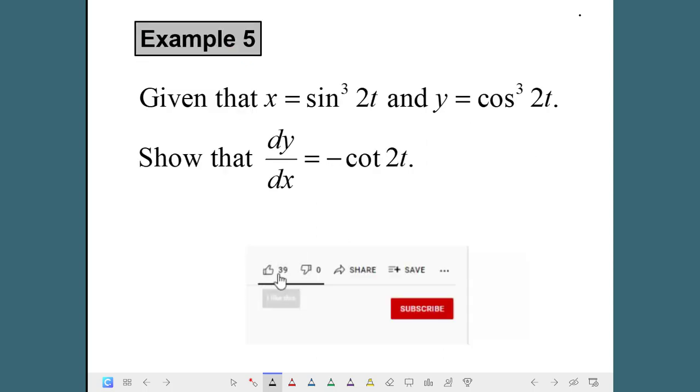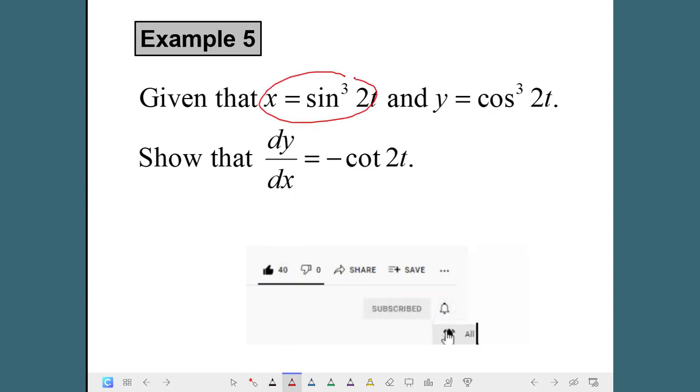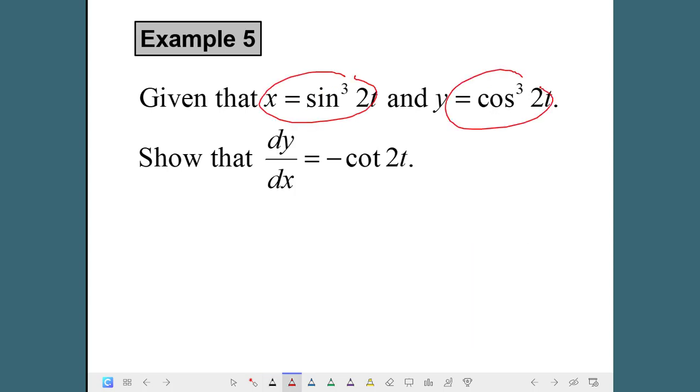Example 5, given that x equals, still trigonometry, y equals this one, trigonometry, show that dy/dx is equal to negative cot 2t. Here x is equal to (sine 2t) cubed.